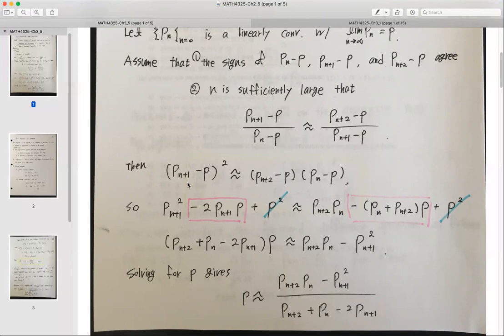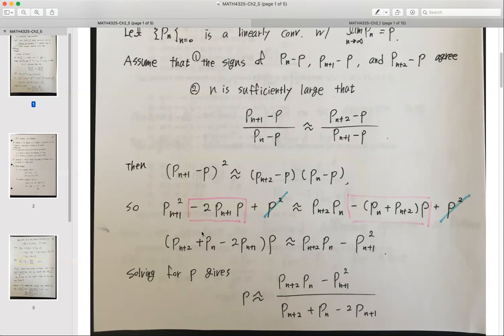Now we FOIL the left hand side because there's a square there, and the right hand side. Then we see the P squared on both sides, so P squared will be canceled out on both sides. And then we put all terms having P on the left hand side.